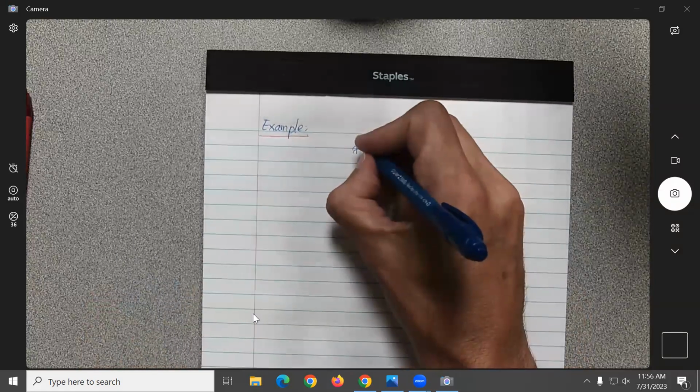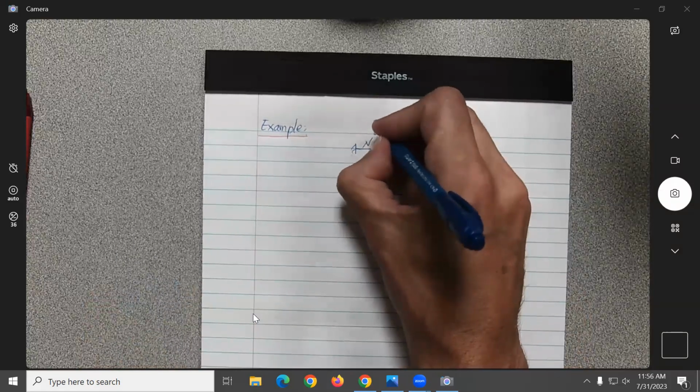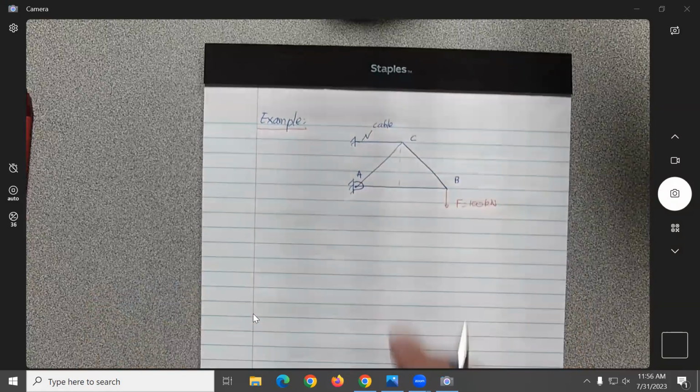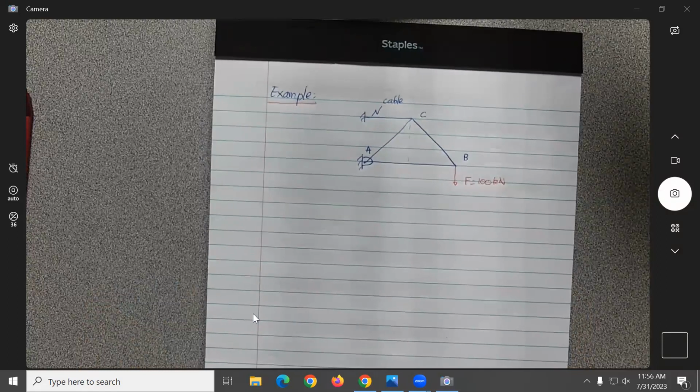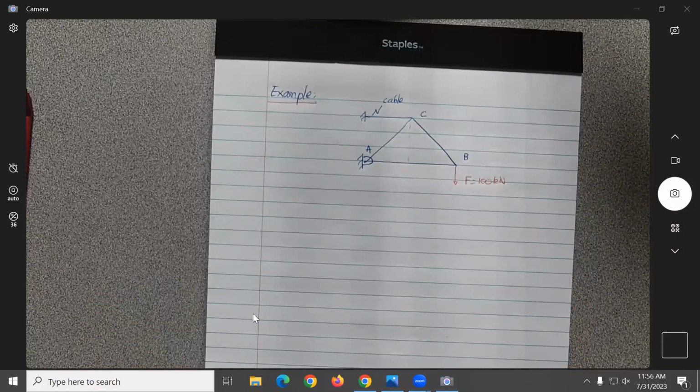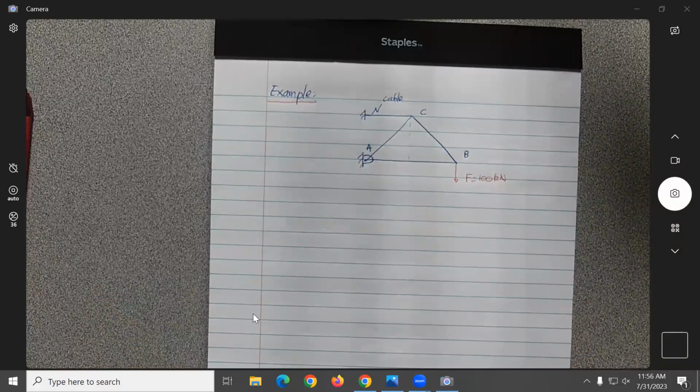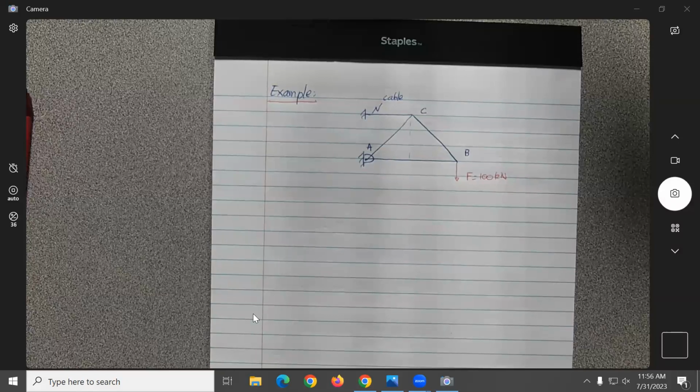But in order not to complicate the problem, the top one is not going to be a truss member, it's just going to be a cable. Okay, the reason why is related to what we just discussed. Anyone? How do you define statically indeterminate?